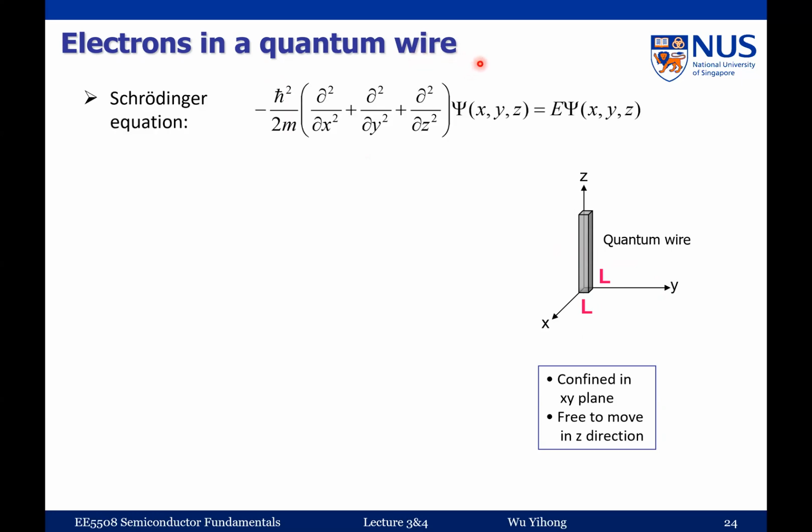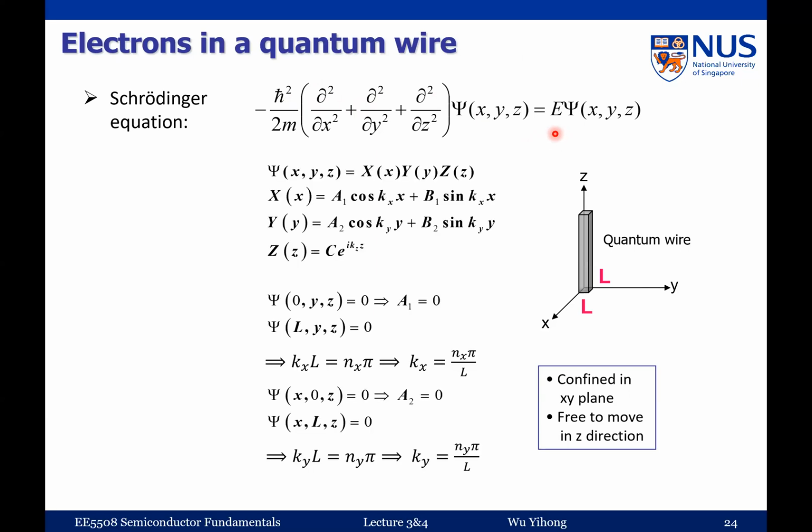In this case, again, in order to understand how electrons behave in a quantum wire, we have to start from the Schrodinger equation. So again, we have this simple Schrodinger equation. We'll assume that this barrier is infinitely large.